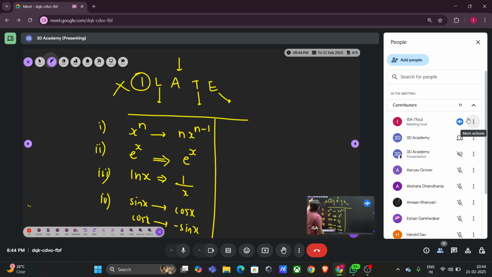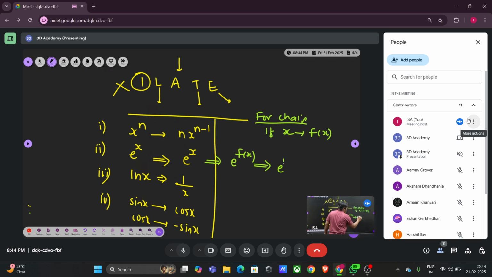And how to use chain rule for all these functions. So my hint was very simple. For chain rule, if x is replaced by any other function, let's say for example for exponential, e raised to power f of x is given. So differentiation will be e raised to power f of x. Why? Because the original function remains as it is, but instead of x there was f of x given. So we will multiply the differentiation of f of x.